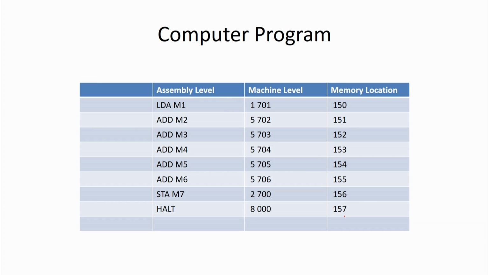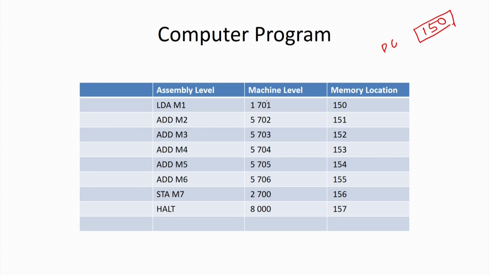In memory location 150 I have 1701, in 151 I have 5702, and like that in 157 we have 8000. The other bits are immaterial because 8 is the whole function. So, we are loading it into the memory locations, and then the program counter will be loaded with the value 150, because we must know the address of an instruction.